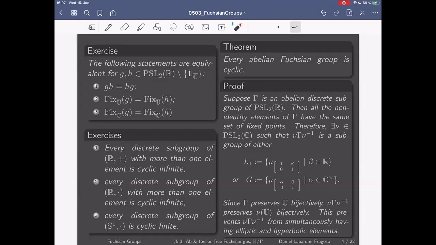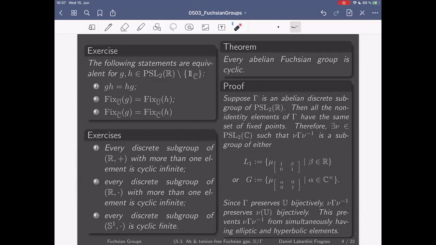And the exercise says that if you have a discrete subgroup of one of these three topological groups, then a discrete subgroup is always a cyclic subgroup. So in the first two cases, it's infinite cyclic, and in the third case, it will be a finite cyclic group.